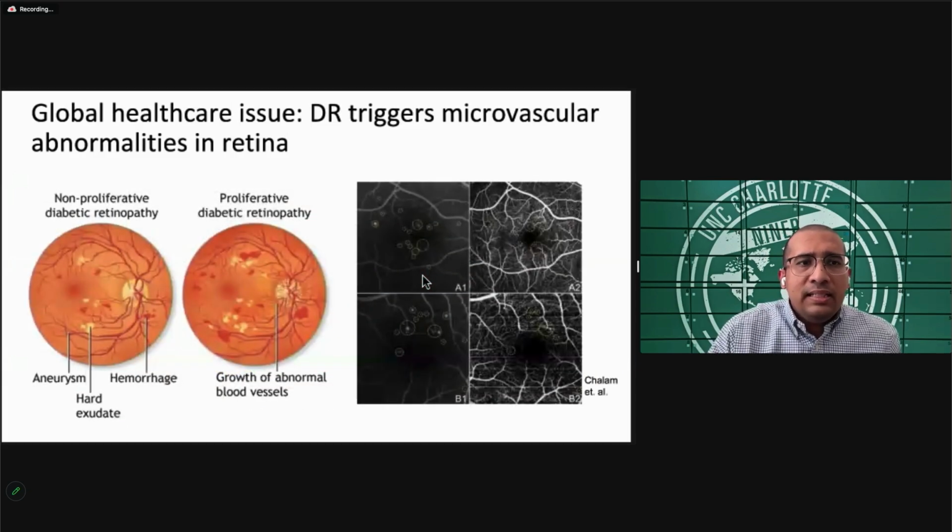In this kind of retinal disease, retinal pathologies like aneurysms, exudates, and hemorrhages affect your retinal tissues, and there's a reduction of oxygen. Because of that reduction, a protein called VEGF, or vascular endothelial growth factor, signals our brain that we need more oxygen.